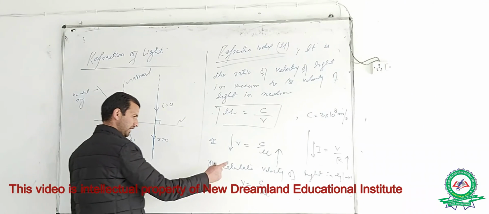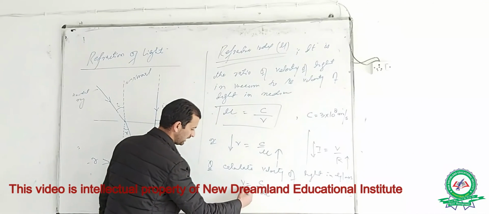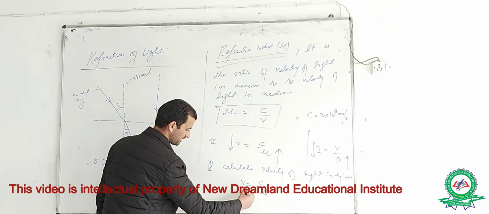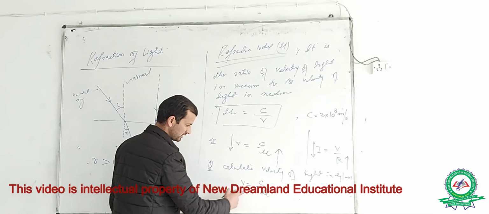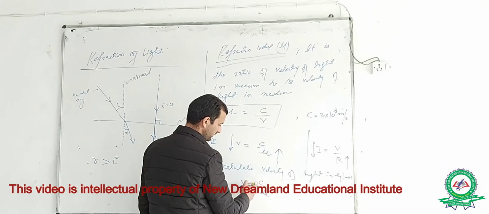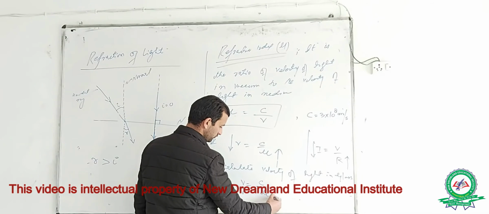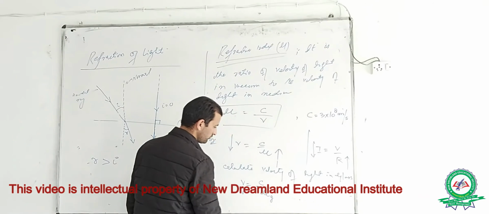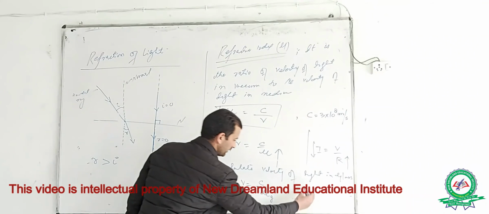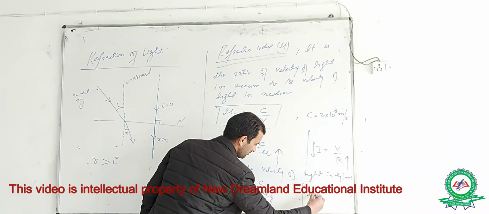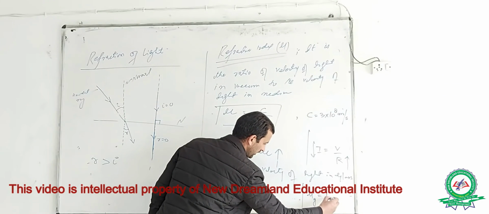So to calculate the velocity of light in glass, we write Vg, the velocity of light in glass, equals the velocity of light in vacuum divided by the refractive index of the glass. And the refractive index of the glass, mu g, is 1.5.